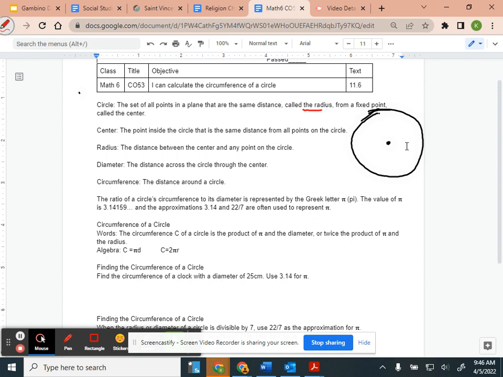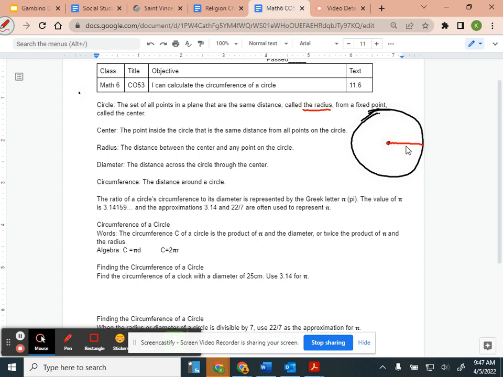So the radius is going from the center to that outside line. And it doesn't matter where from that center you go to that outside line, it will be the same distance every time. Because a circle is exact, mine is not exact. It is not drawn to scale because I'm freehanding it.